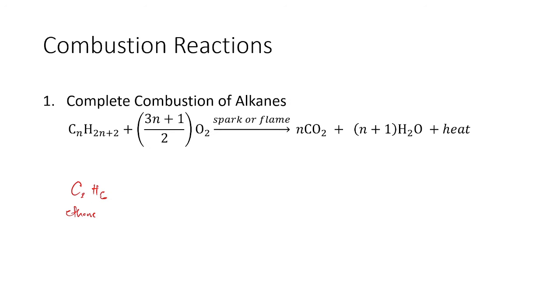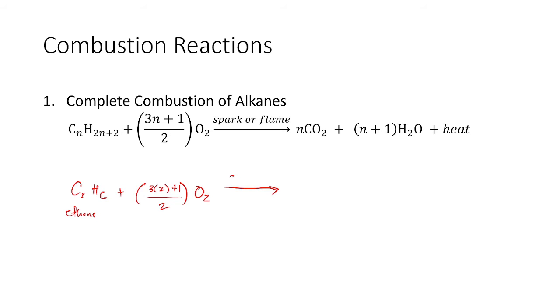If we are to combust this ethane, as the formula entails, we need (3N plus 1) over 2 moles of oxygen. If we have 2 as our number of carbon atoms here, we will use 2 for this N. So we will have (3 times 2 plus 1) over 2, then we have oxygen.